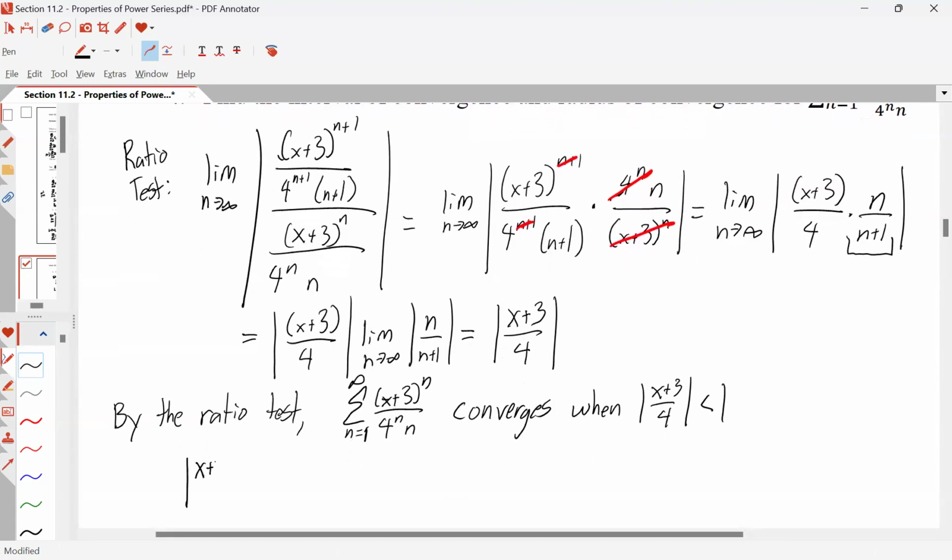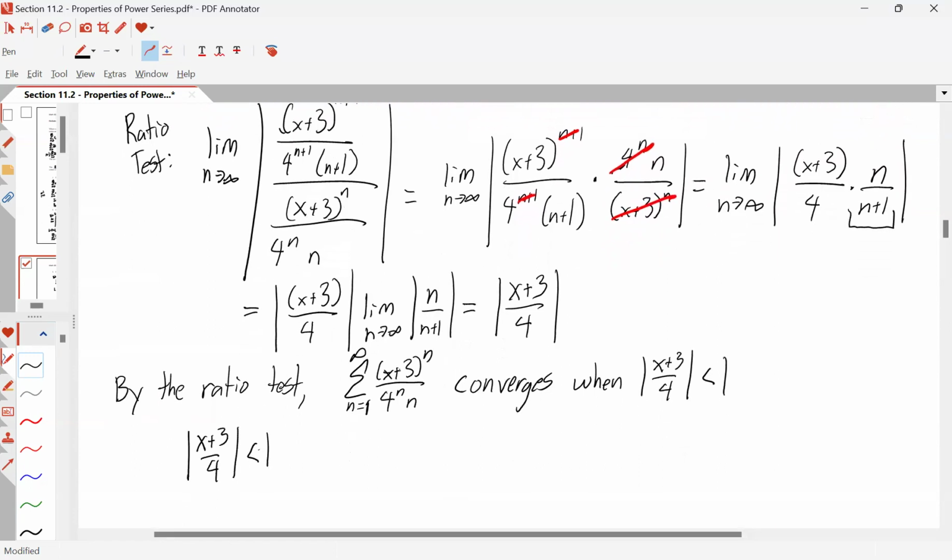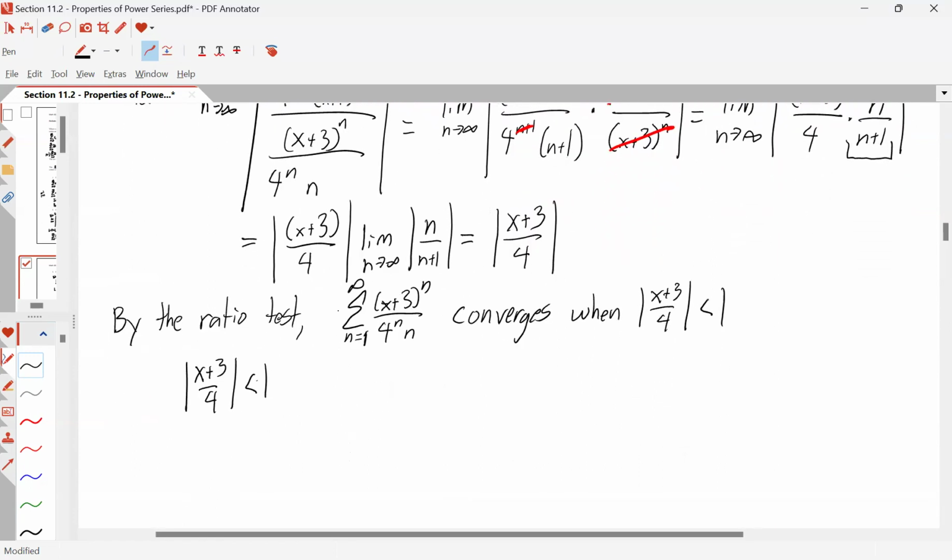Working out that inequality, multiplying everything by 4, we get the absolute value of x plus 3 is less than 4.